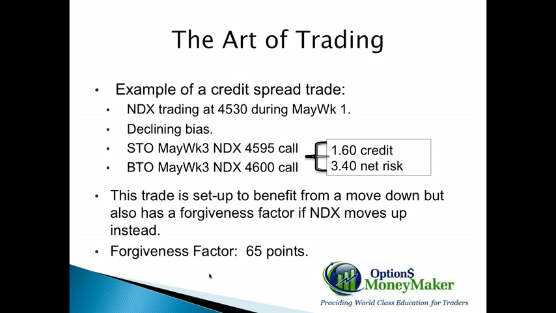Don't confuse those three with their corresponding ETFs. These are the indexes directly. So we placed this trade during May week 1. It was the first expiration week of May, and NDX was trading at 45.30.